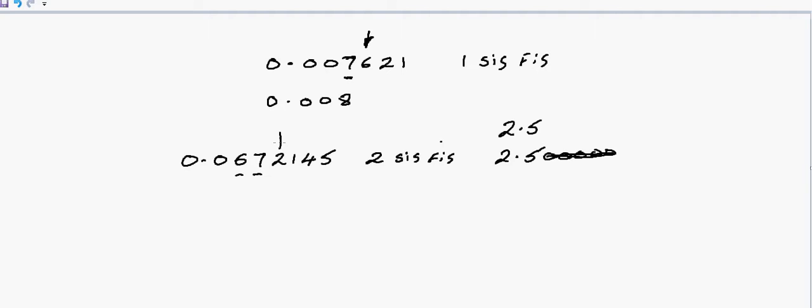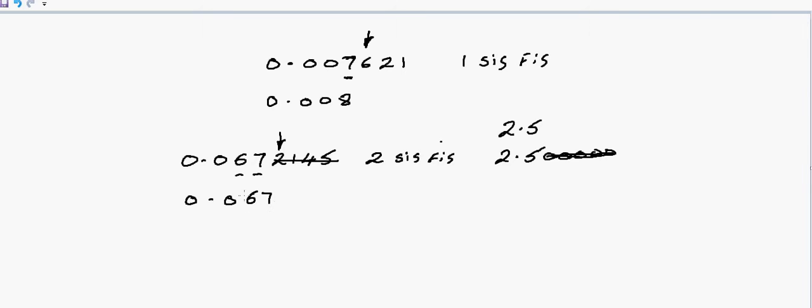We look at the next number, which is a 2. So that means that it rounds down, so it doesn't affect the 7 at all. So all of these are irrelevant. So our answer is 0.067. Okay, and that's the two significant figures.